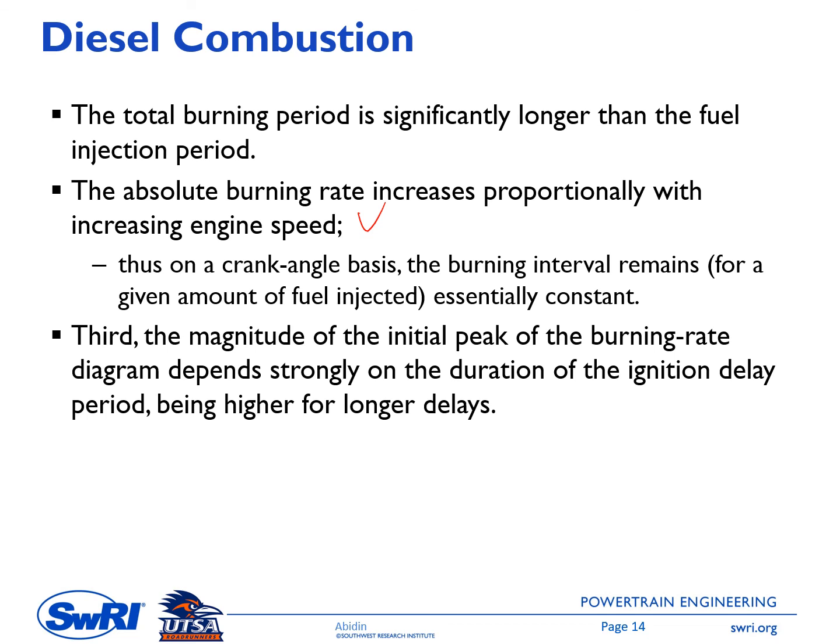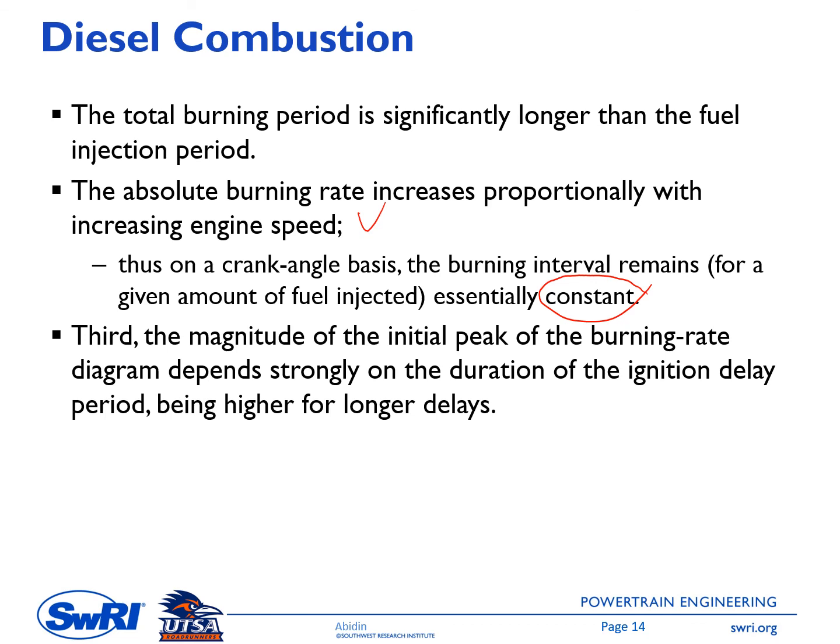This means that on a crank angle basis, the burning interval remains essentially constant for different engine speeds. For example, if the burning period at 1500 RPM is, let's say, 40-degree crank angle, at 3000 RPM it is also about a similar 40-degree crank angle.